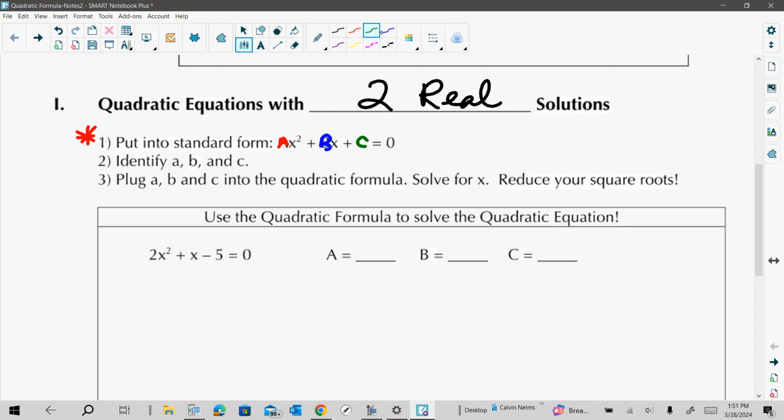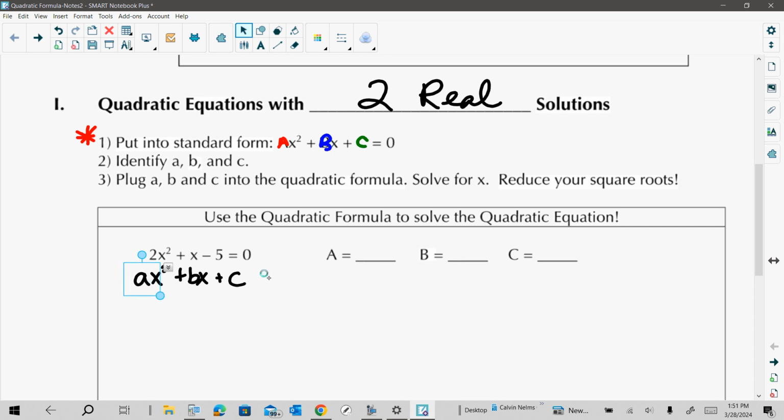So we're going to plug these values into the formula. On this first one here, the equation is equal to 0. It's in standard form, so I have to think of it like ax squared plus bx plus c.